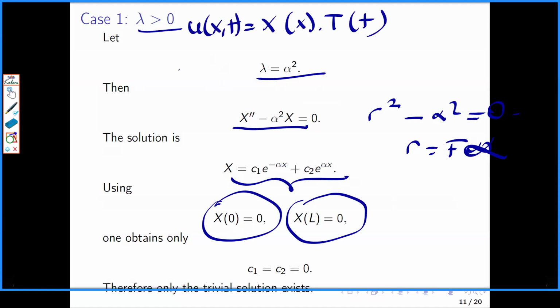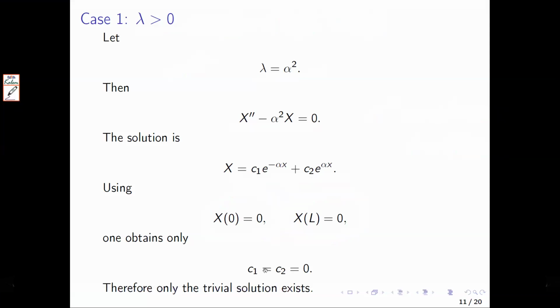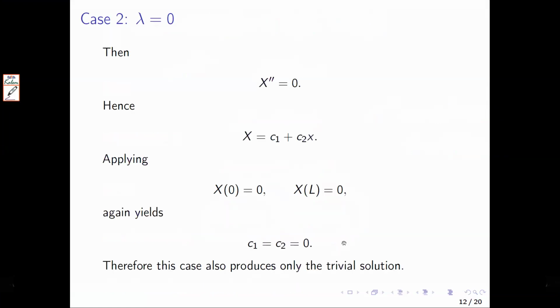Okay, this is your u. If you use the condition x is 0, then you will get X(0) here. This term will drop with the 0 value. So anyway, if you substitute this, then you will get only the trivial solution in this case. So we will discard this case.